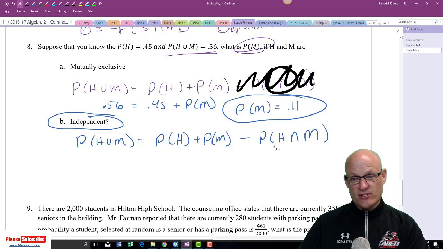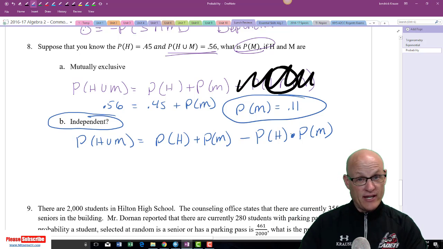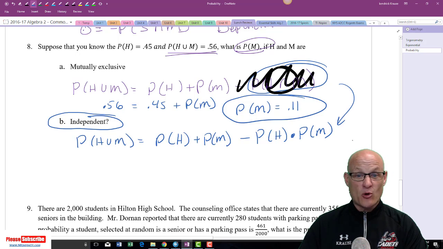Isn't the probability of H and M really just the probability of H times the probability of M? If they're independent, then that's the truth. I know that those two products have to equal the probability of H and M. So I can replace it. Just like I replaced this with a 0, I'm going to replace this with that formula I know.